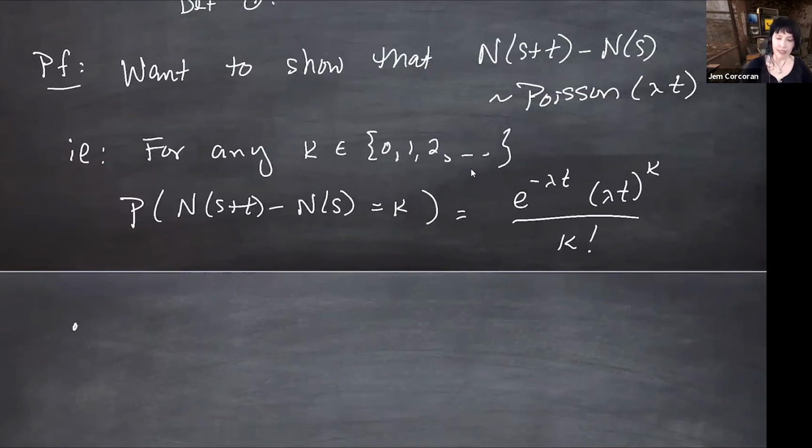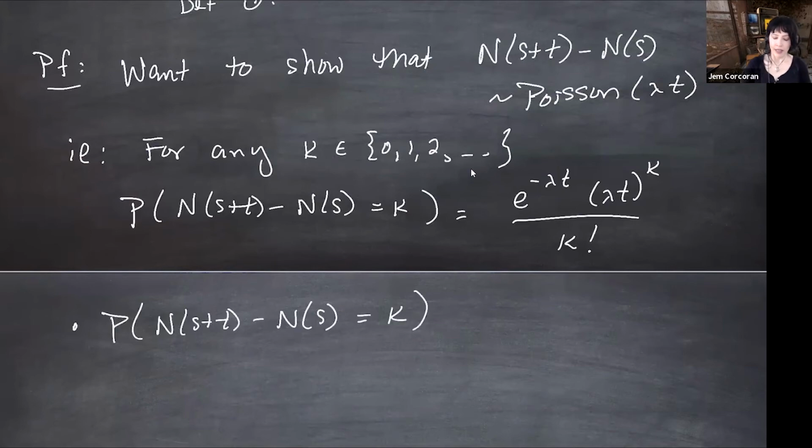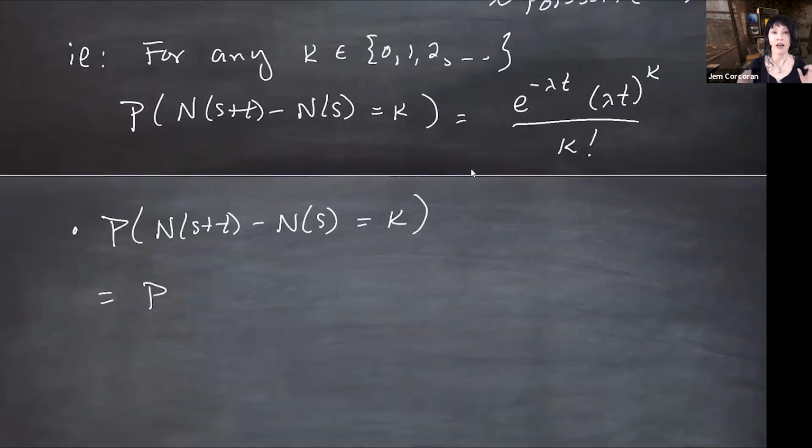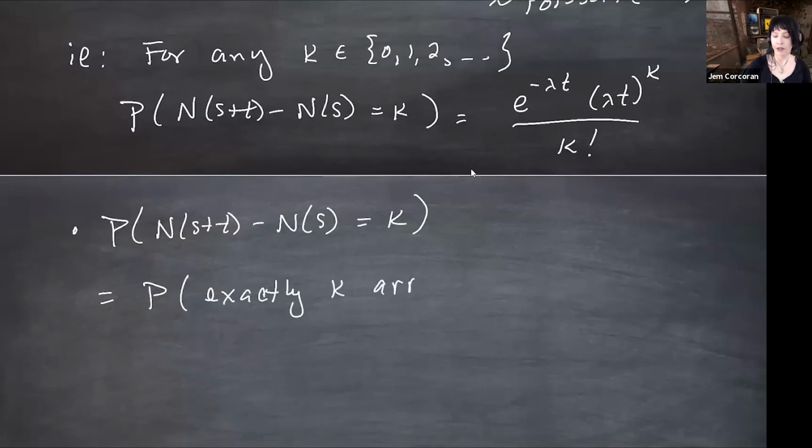The left-hand side, the probability that N(s+t) minus N(s) equals k, is the probability of exactly k arrivals in the interval from s to s+t.